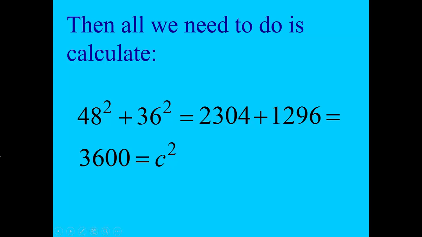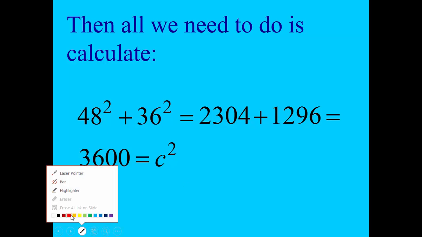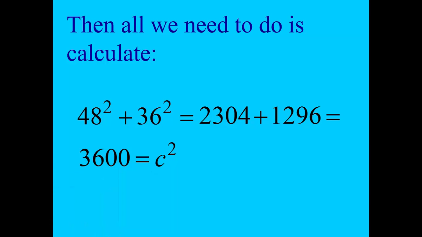A couple of different ways that we could undo that: we could take the square root of both sides, which would cancel, so we would get c is equal to, because remember, what we do to one side we must do to the other, the square root of 3,600.